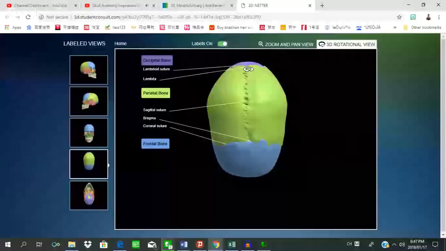That's lambda. It's the central point of the lambdoid suture on the occipital bone, where two sutures meet, basically. So the lambdoid suture and sagittal suture meet at point lambda.